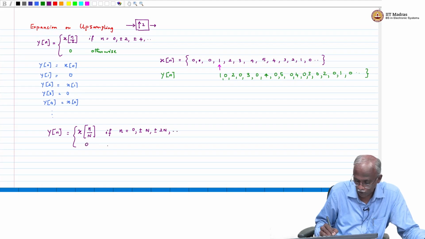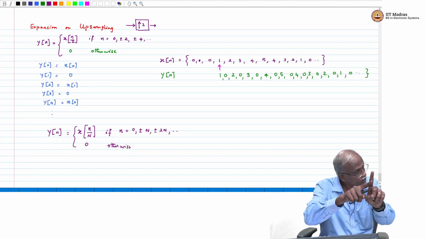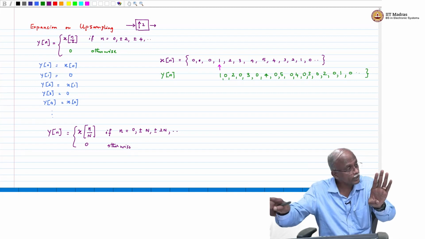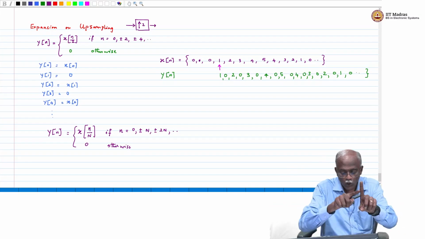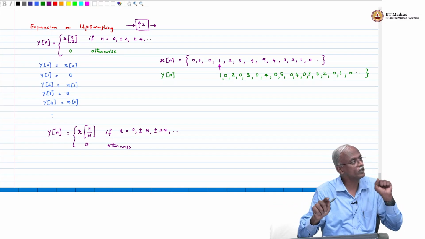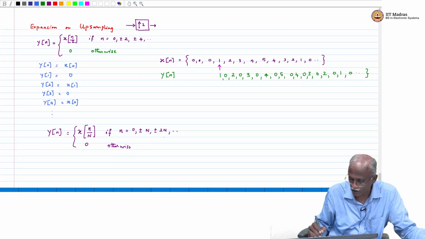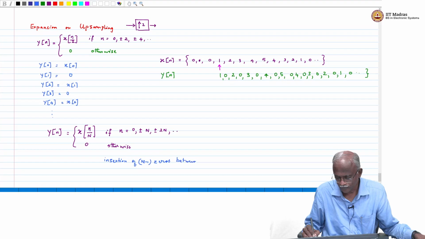And notice that for all other values, it will be 0. So, for n equal to 0, you will get a non-zero value. N equal to 1, 2, 3, you are going to get 0 values. And then eventually at n equal to N, you will get a non-zero value. So, how many zeros did you insert? N minus 1 zeros. So, this operation will involve insertion of N minus 1 zeros between every pair of samples.